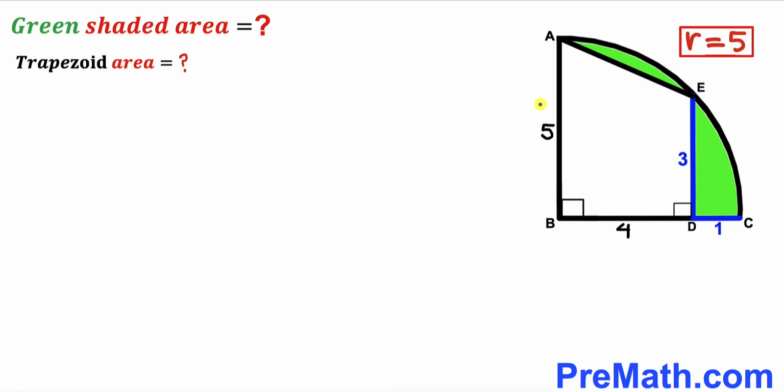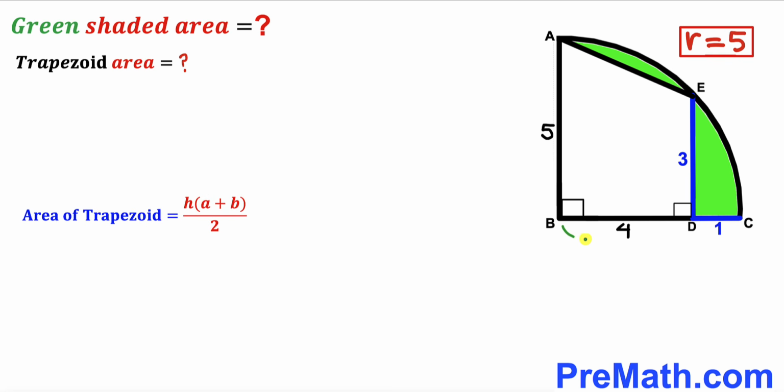Now we are going to calculate the area of the trapezoid ABDE. Let's recall the area of a trapezoid formula: area equals the height h times the sum of the bases a and b, all over 2.